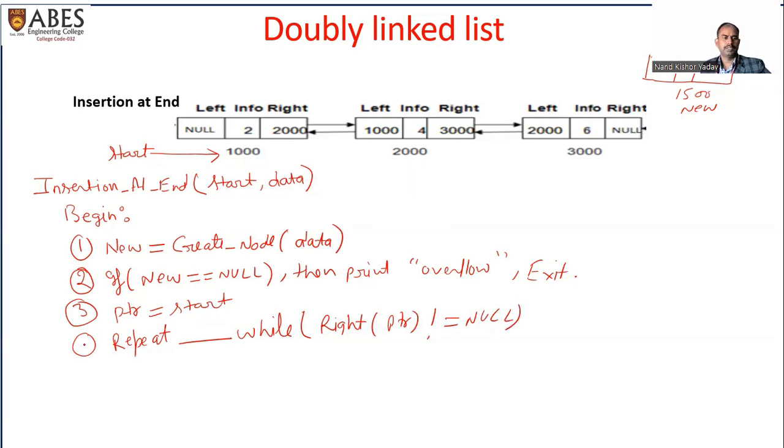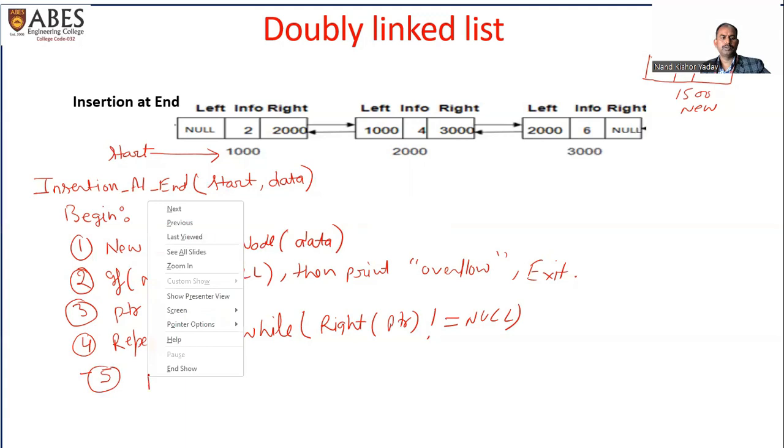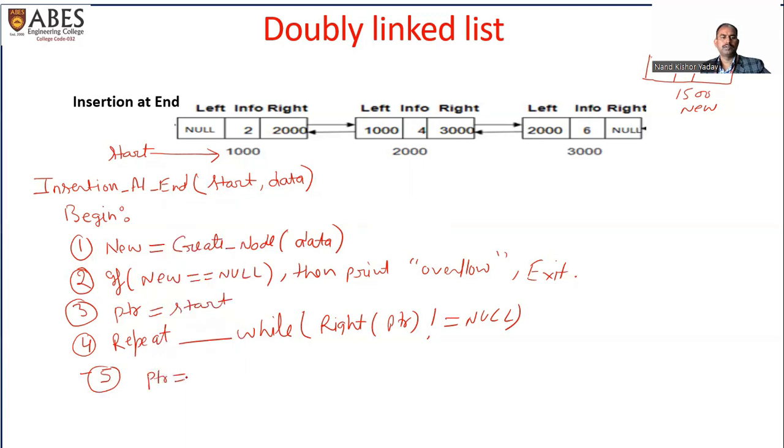Now this is step number 4. In step 5, we can move this ptr variable. So we have to write ptr is equal to right of ptr.